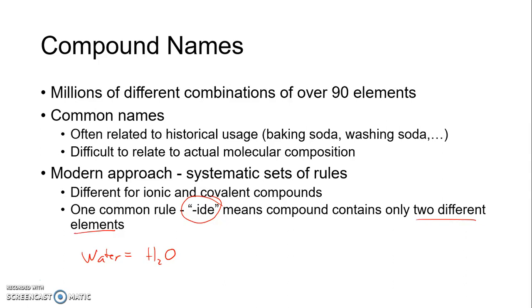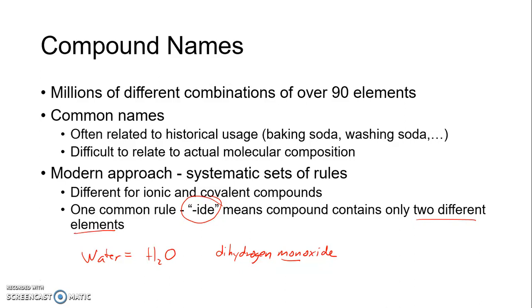But using the modern approach, it would be dihydrogen, in other words, two hydrogens, mon-ox, mon meaning one, ox meaning oxygen, ide. Dihydrogen monoxide. That would be the modern name for water.